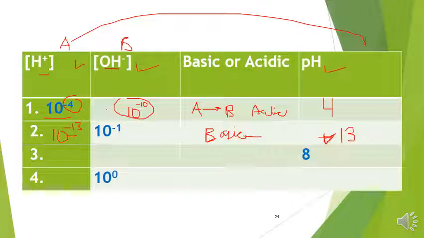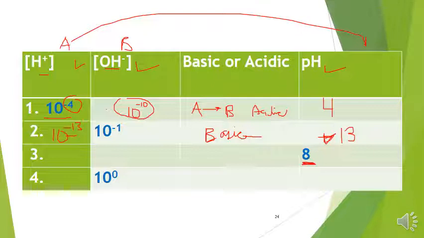And what's the pH? 13. So you can see so far that in number 1, the pH was 4, and it's acidic. The reason it's acidic isn't because the pH is 4, it's because negative 4 is bigger than negative 10.